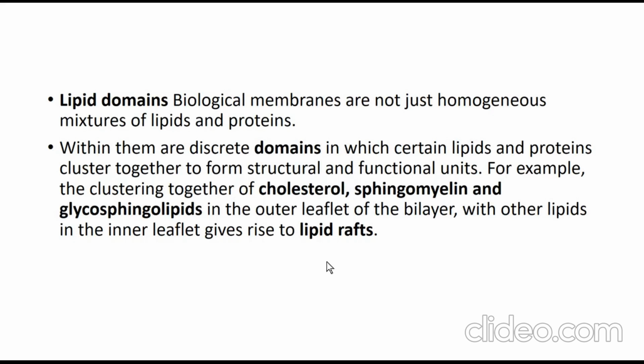Lipid raft. So what we have to know about lipid rafts is the lipid domains. These biological membranes are not a homogeneous mixture of lipid and protein. That means the lipid distribution is not random within a single leaflet.